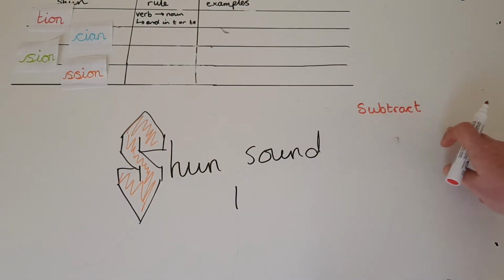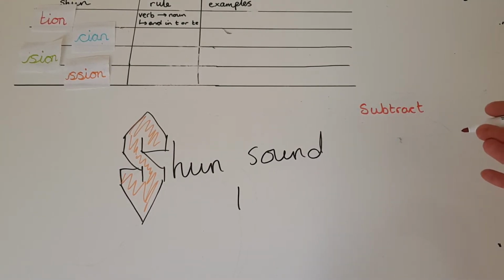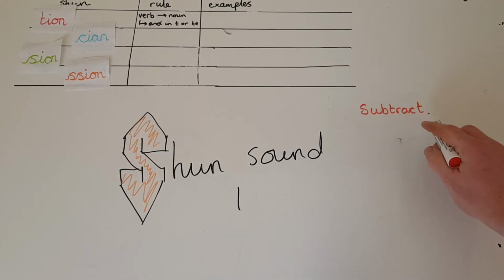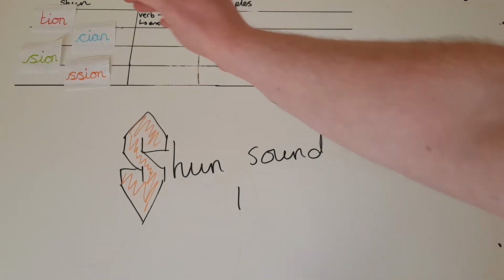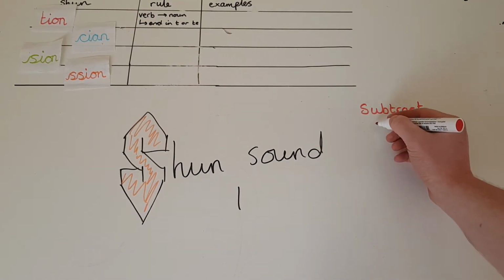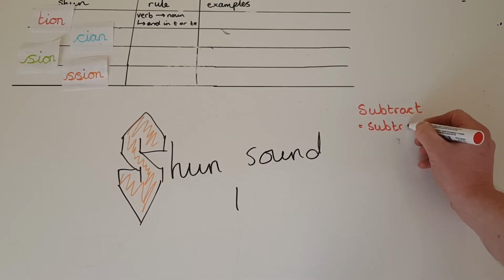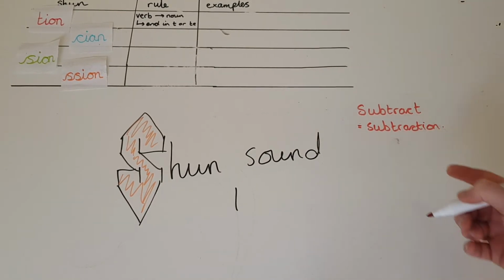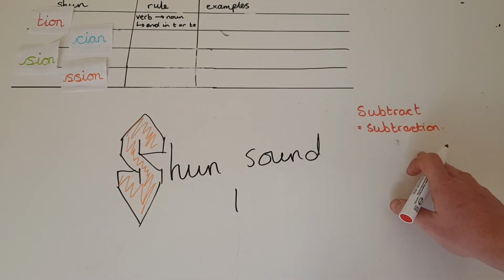But the noun that links with subtract is subtraction. This verb ends in a T, which is part of our rule, and so therefore we just use the tion. So this would equal subtraction.